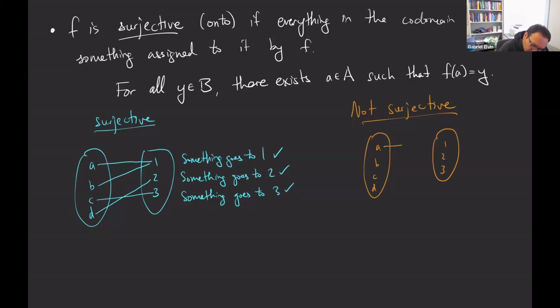So we could have A and B go to 1, and then C and D go to 2. And okay, something goes to 1, yes, something goes to 2, yes, but nothing goes to 3. Therefore, it's not surjective.